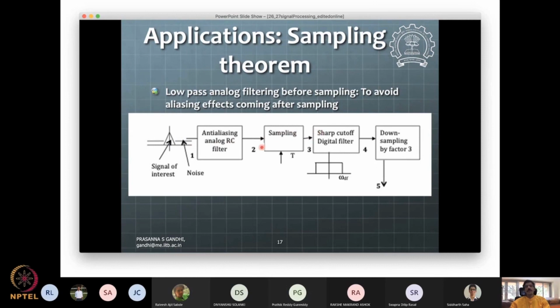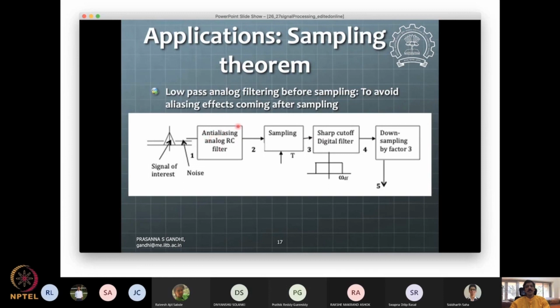So I would suggest you ponder over this example, and start writing or sketching this signal represented in the frequency domain at these multiple locations, and see how things make sense. These are very different operations.